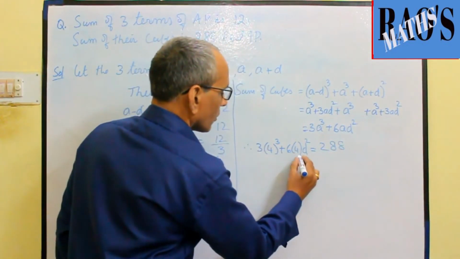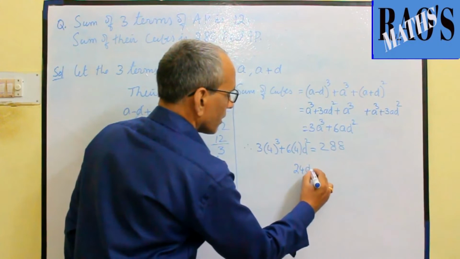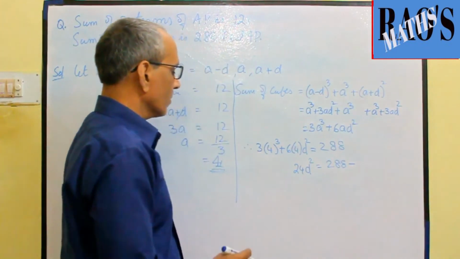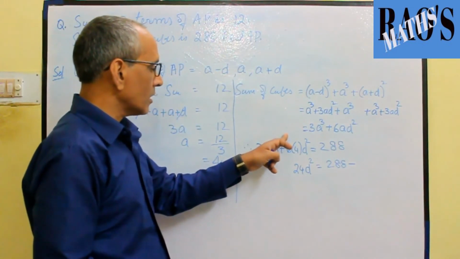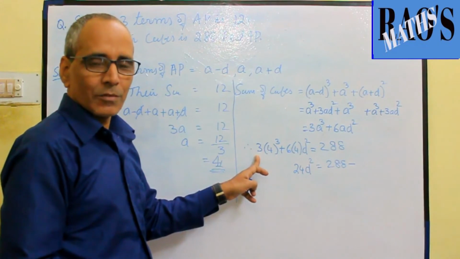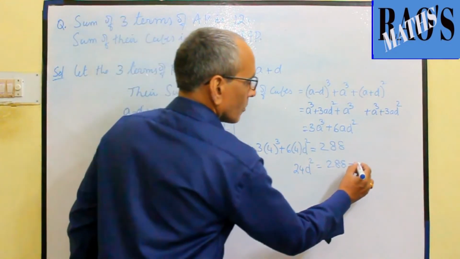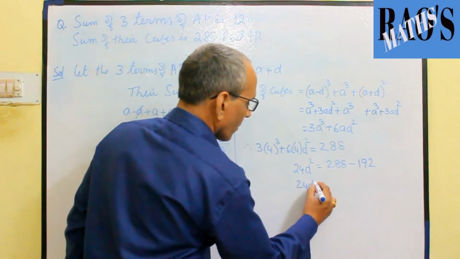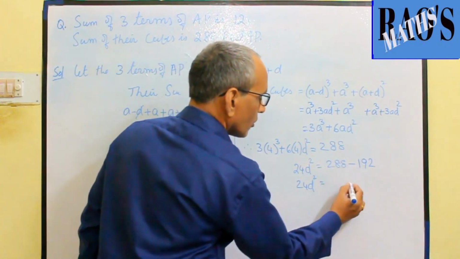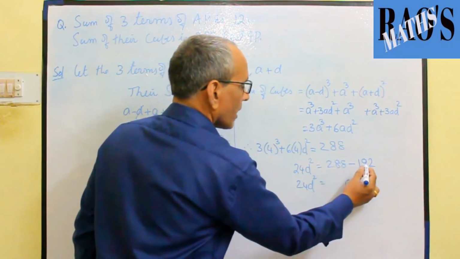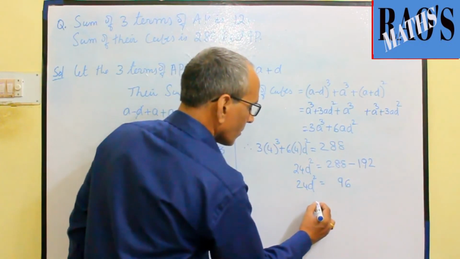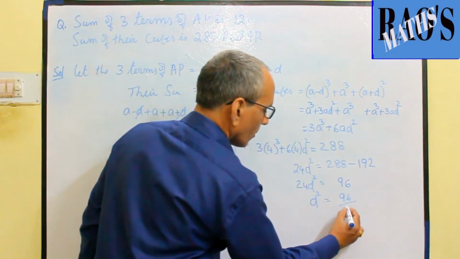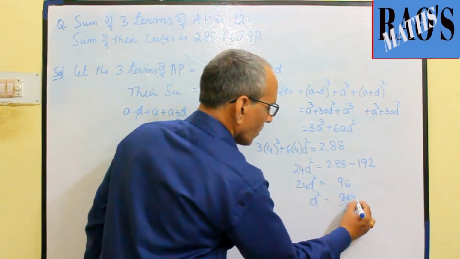Therefore, 6 fours are 24 D square is equal to 288 minus 4 cube, which is 64. 64 3s are 192. So 24 D square is equal to 288 minus 192, that is 96. Therefore D square is equal to 96 by 24, which gives 4.